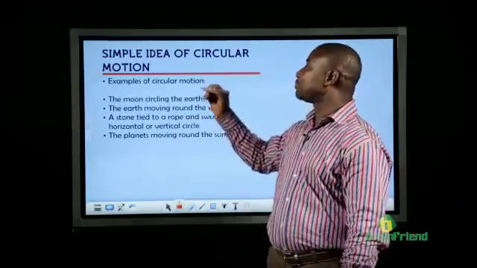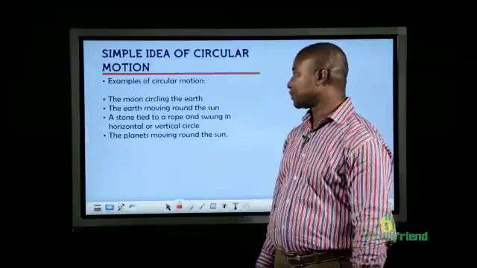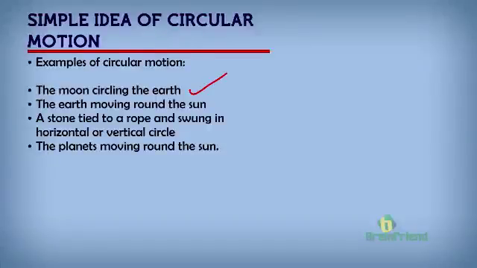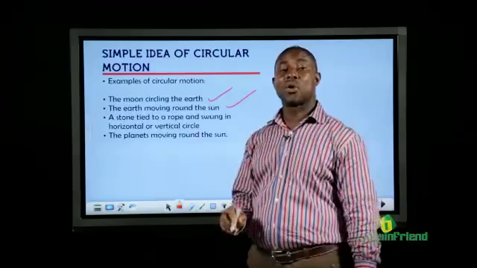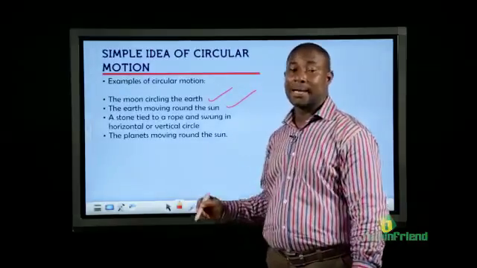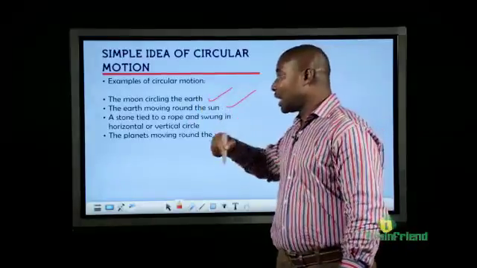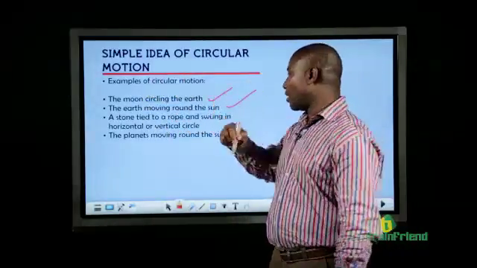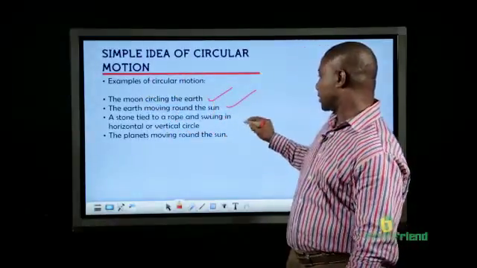Let's look at some examples of circular motion. The moon circling around the earth is an example of circular motion. The earth moving around the sun is also an example of circular motion because it's moving around the circumference of the sun.